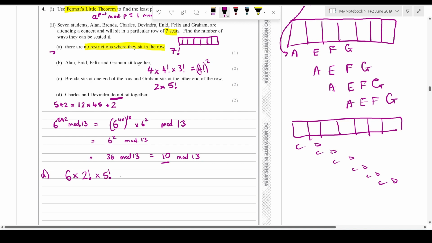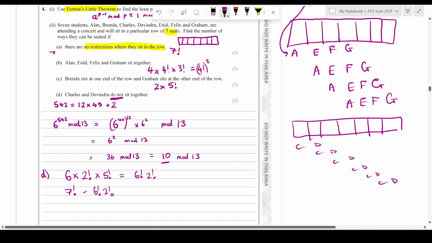So that would be our calculation for the number of ways in total: 6 factorial times 2 factorial. But we want do not sit together, so our total number of cases is 7 factorial, subtract 6 factorial times 2 factorial.